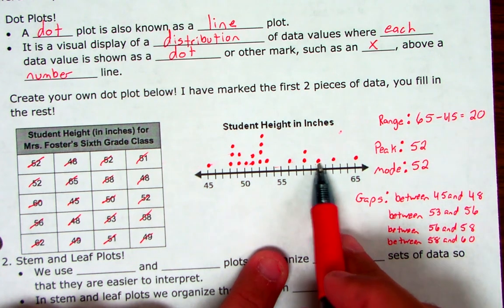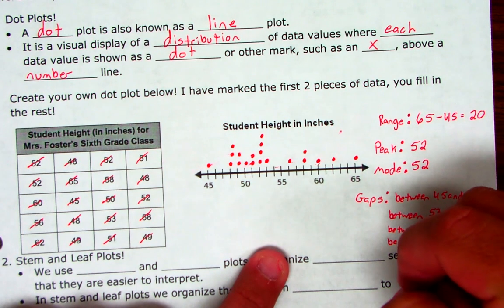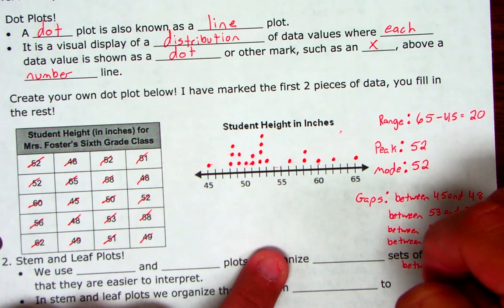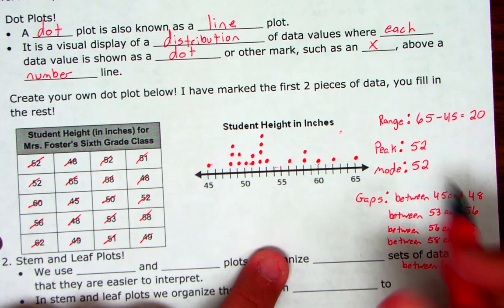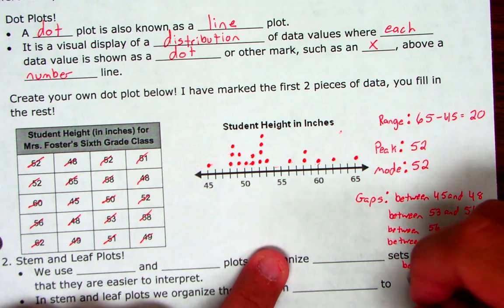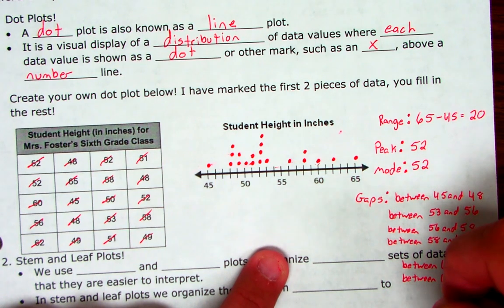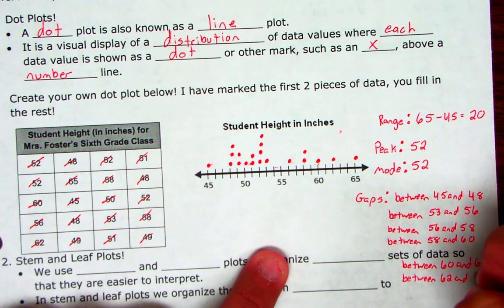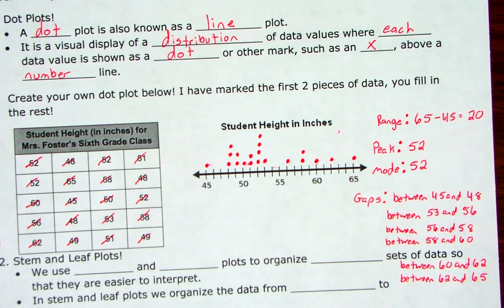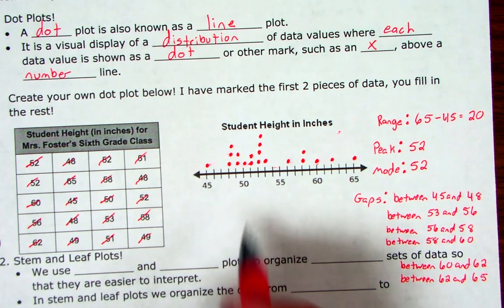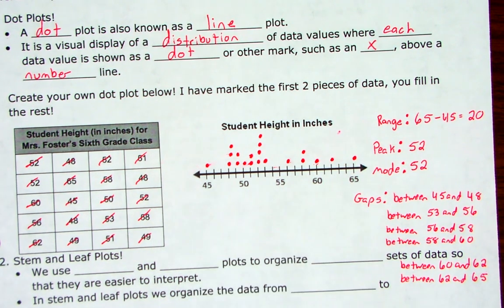I have a gap between 60 and 62. And I have a gap between 62 and 65. So those are all my gaps right there. That's where I have no data.